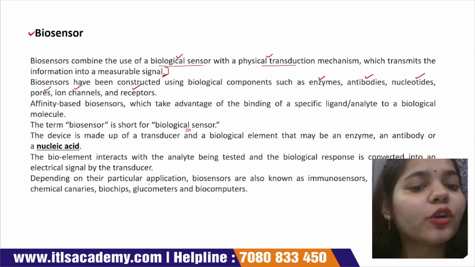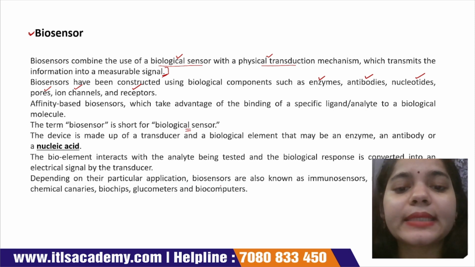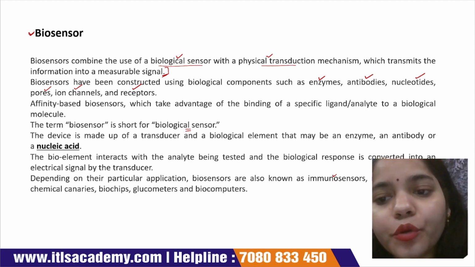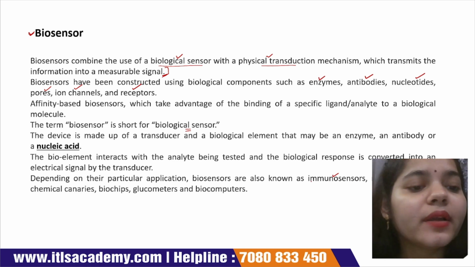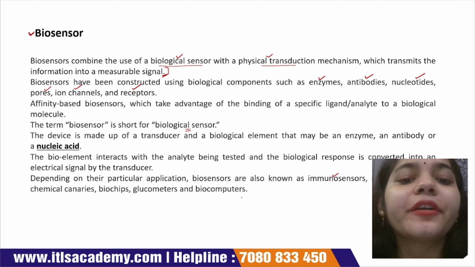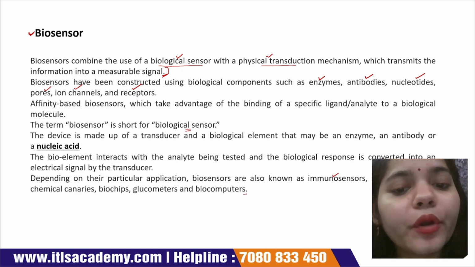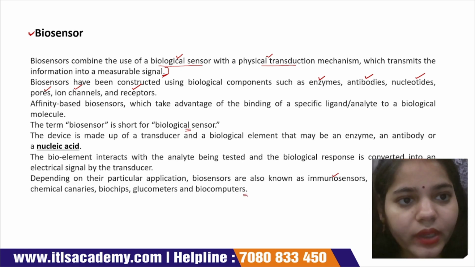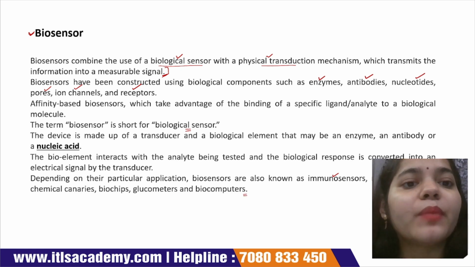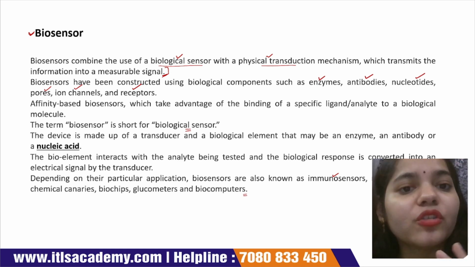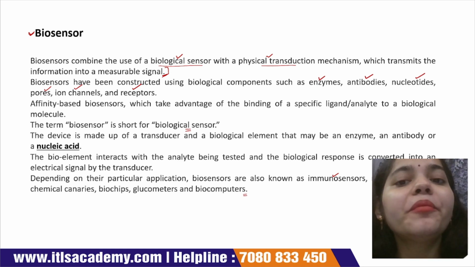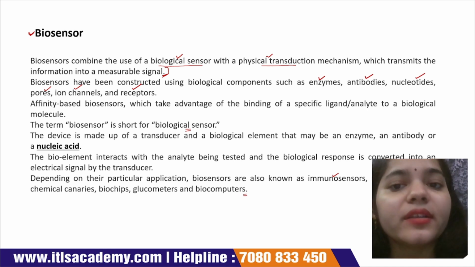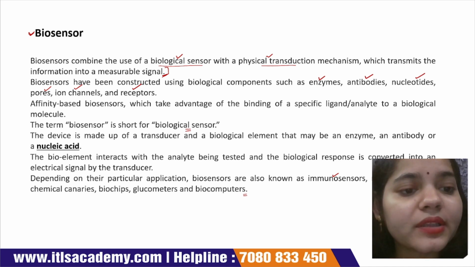Depending on their particular applications, biosensors are known as immunosensor, resonant mirror, chemical canaries, biochips, glucometer, and biocomputers. Okay, what is a biosensor? A biosensor is a combination of biological sensors with physical transduction. And what is the role of transduction?